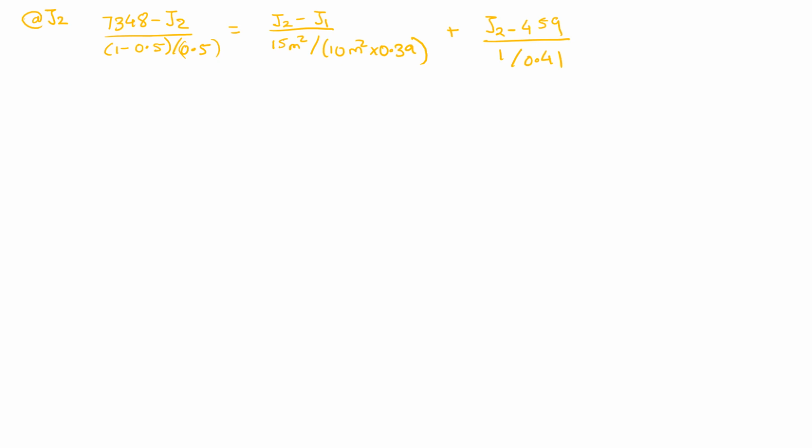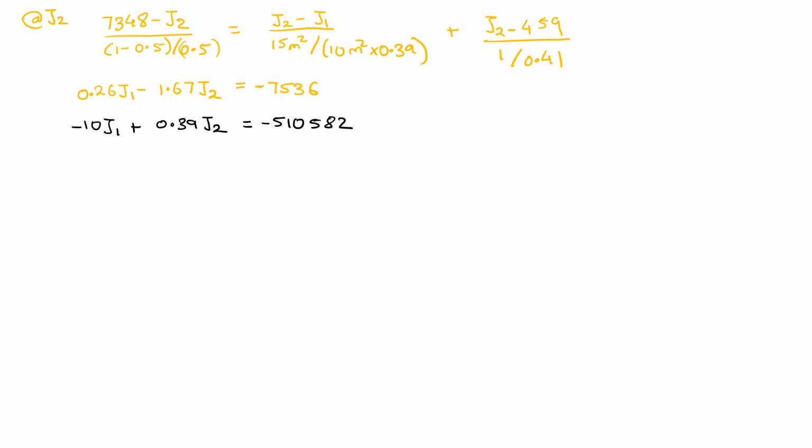Okay, so after simplifying this, the equation that we'll get is 0.26 J1 minus 1.67 J2 equals minus 7536. And the other equation that we had was minus 10 J1 plus 0.39 J2 equals minus 510582. So now we have two equations and two unknowns.